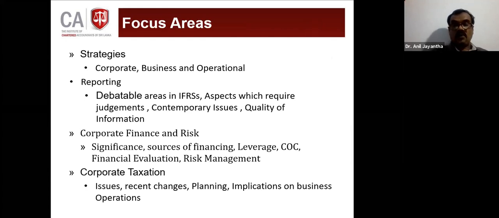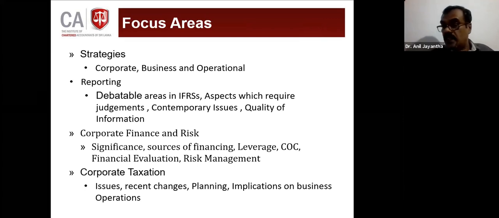Focus areas, I already explained a bit, but within these 4 strategic areas, sub themes are like this. But even for example, you can think of more sub themes.